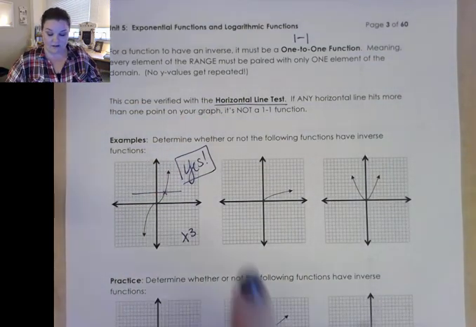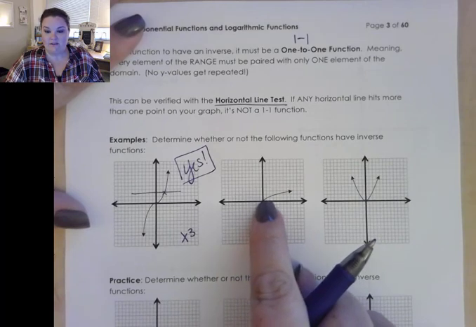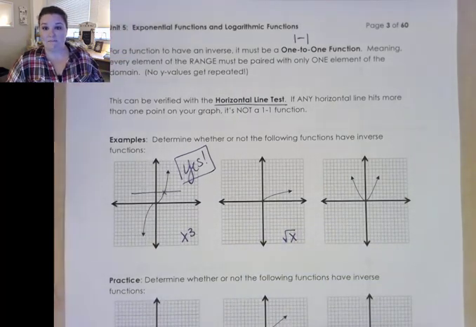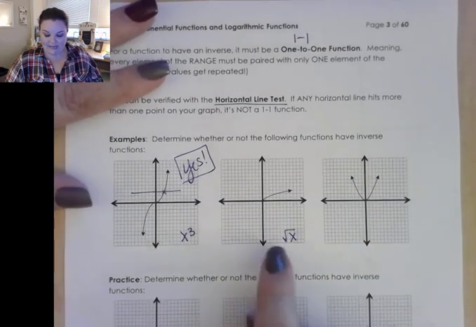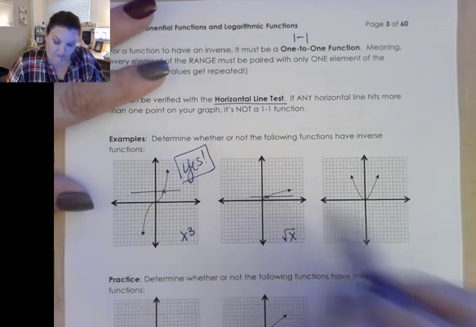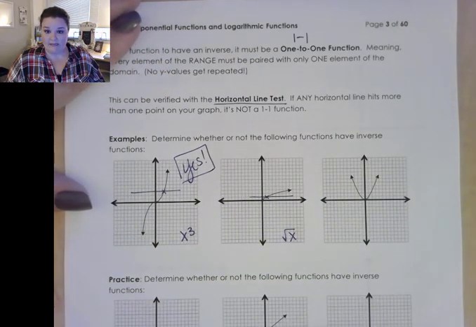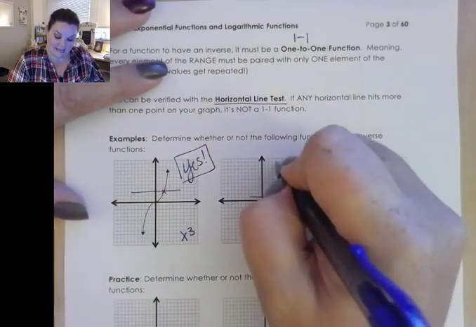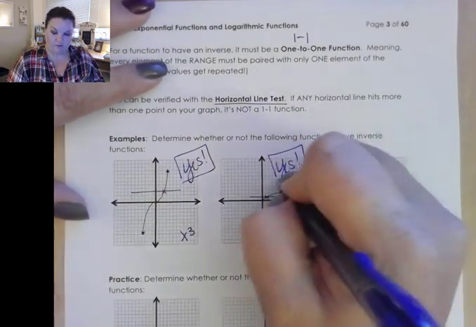We're going to do the same thing on the next ones. Notice this is the little half parabola. The little half parabola was the square root of x, okay? These are shapes we should know. And this one, if I draw a horizontal line anywhere on here, it's only going to hit one place. So that's great. It passes the horizontal line test, which means that yes, this one has an inverse.